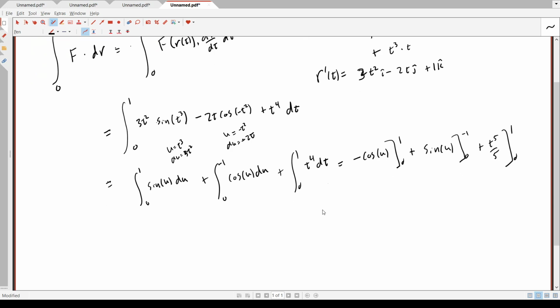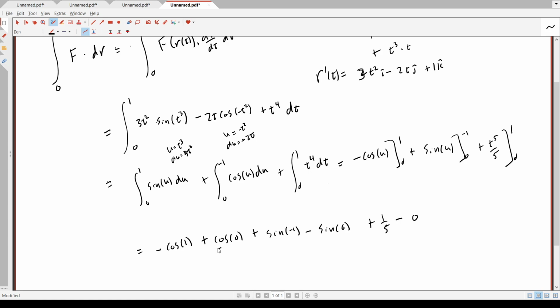Okay, and then I evaluate these, so I have minus cosine of 1 plus cosine of 0 plus sine of negative 1 minus sine of 0 plus 1/5 minus 0.